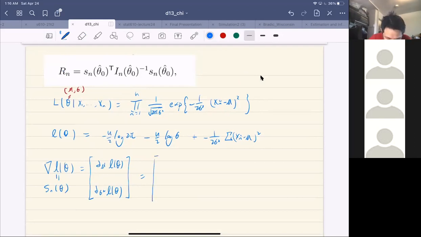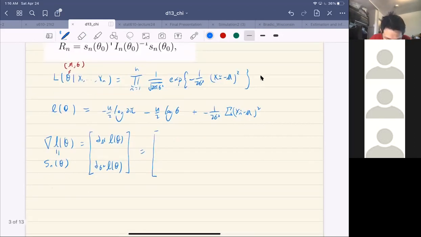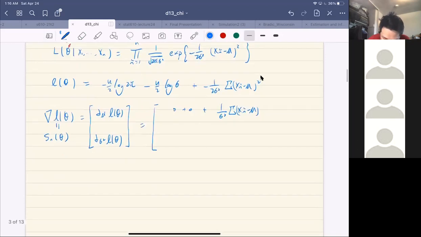Let's continue. So the first two terms are 0, and the next term is 1 over sigma squared times the sum of x_i. Yes, it's positive.